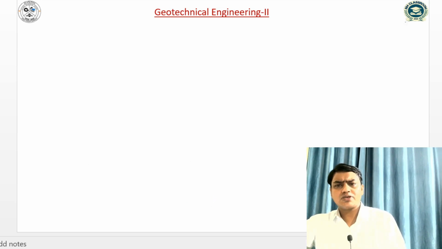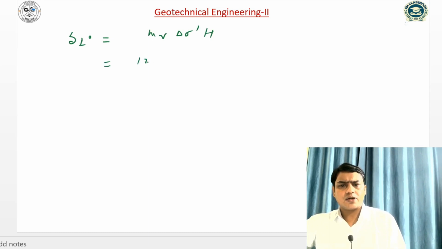So we have the relation for the primary consolidation settlement when mv is known: mv into delta sigma dash into H. So mv is 125 into 10 to the power minus 6 meter square per kilonewton, into delta sigma dash 250, into 3.